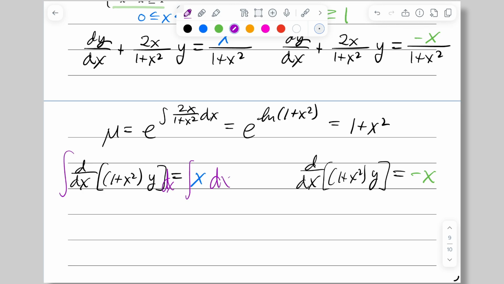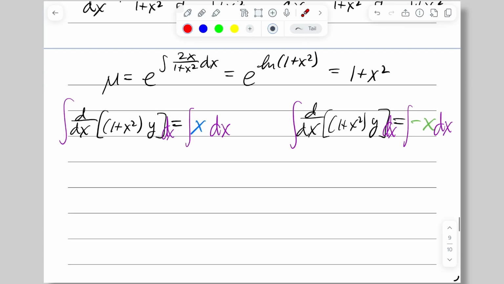We're going to integrate both sides with respect to x. And I'm doing these kind of left and right simultaneously here, but it would also be just fine to take the first one as far as you can, and then take the second one and move forward from there. In the case of the first one, we have (1 plus x squared) times y is equal to 1/2 x squared plus c.